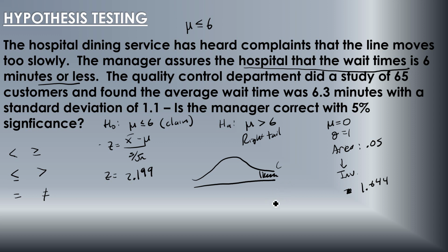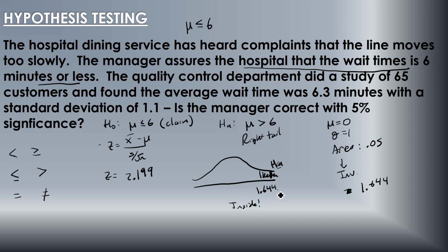Okay, so, well, where's HA? So if this is 1.644, HA is like over here. This is our HA. It's inside the region. It's to the right of it. So it's inside the region.